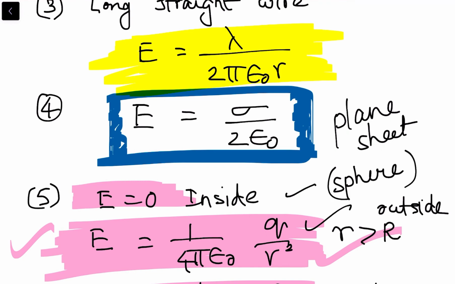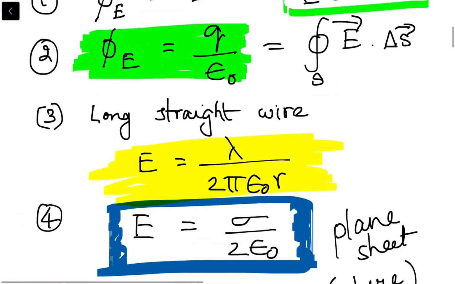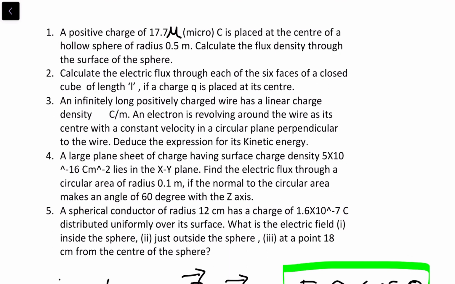For a long straight wire, it is lambda by 2 pi epsilon naught, and for a plane sheet, E is equal to sigma by 2 epsilon naught. And for a spherical shell, 3 cases: inside, outside, at the surface. So with these formulas we have completed all these 5 numericals.